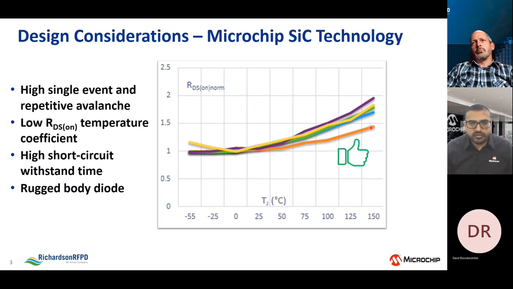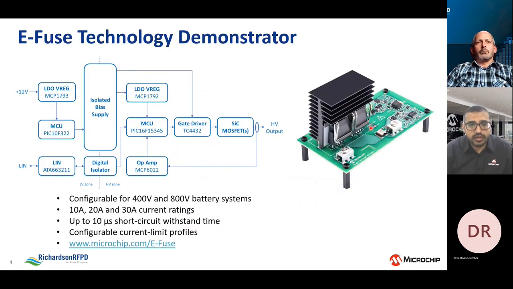Yeah, so we have the devices, we have the die, the discrete devices, the power modules, and gate drivers in development as well. But in terms of reference designs, we do have an eFuse technology demonstrator. So this is targeting automotive applications, but really can be applied to most DC distribution systems.